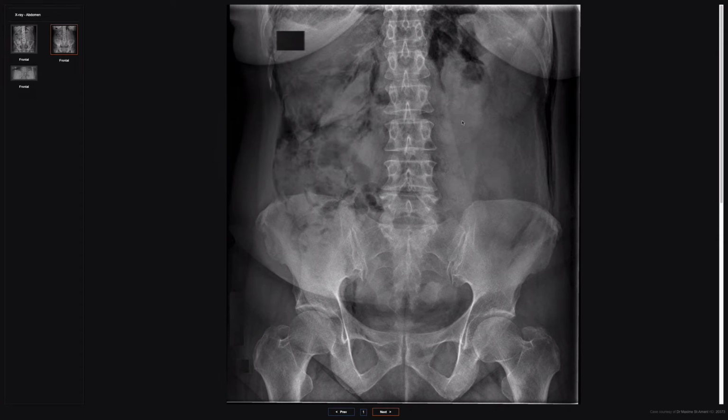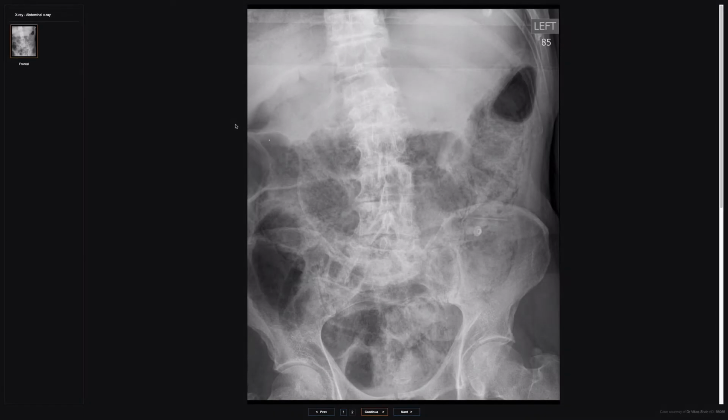Now just remember to go away and think about the causes of a pneumoretroperitoneum. So we're thinking about all the retroperitoneal bits of bowel, so parts of the duodenum, also sometimes with sigmoid perforations, rather than causing pneumoperitoneum, they can cause a pneumoretroperitoneum.